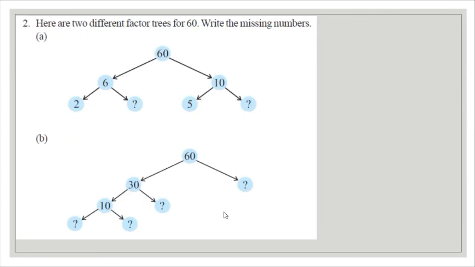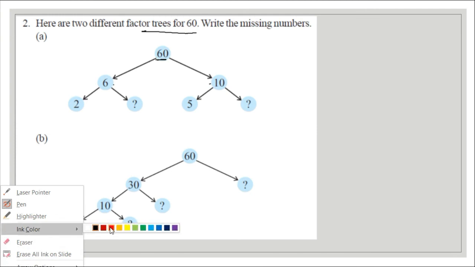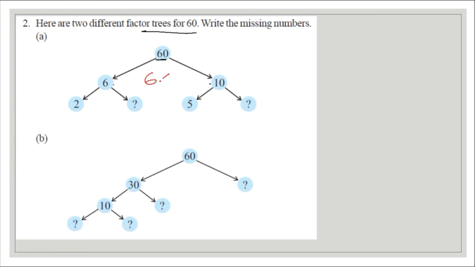We shall solve one more question for today's session. Question number 2. Here, two different factor trees for 60 are mentioned. We need to find the missing numbers. 60 is 6 multiplied to 10. 6 times 10 gives 60.